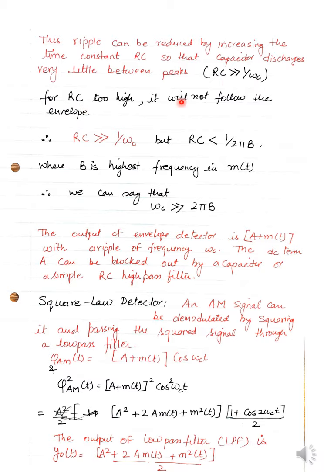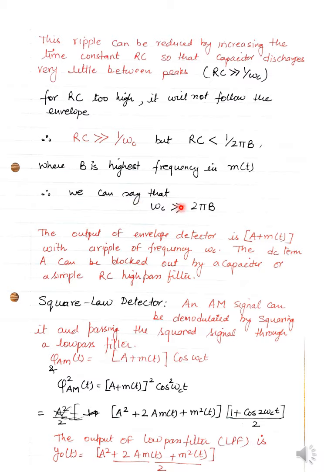For RC too high, it will not follow the envelope. Therefore RC must be greater than 1 divided by omega c, but RC must be less than 1 upon 2 pi B. What is 2 pi B? B is the bandwidth of the modulated signal, where B is the highest frequency in m(t).